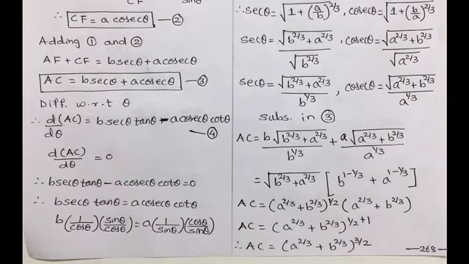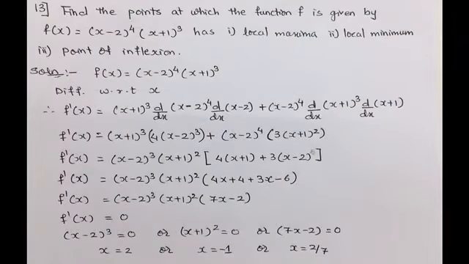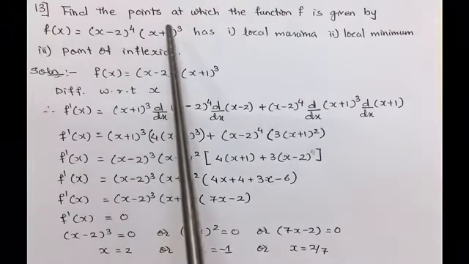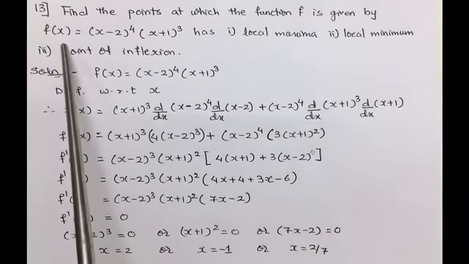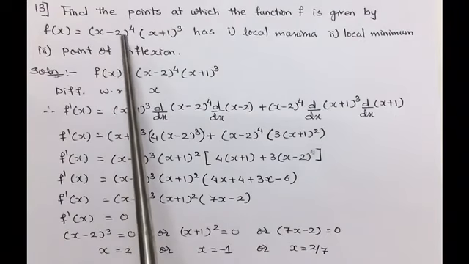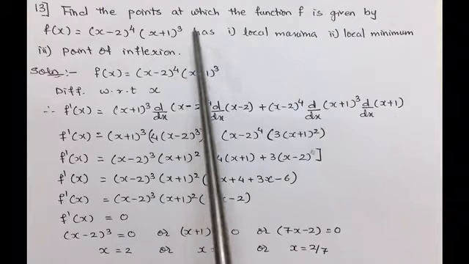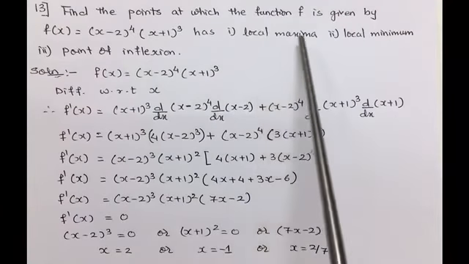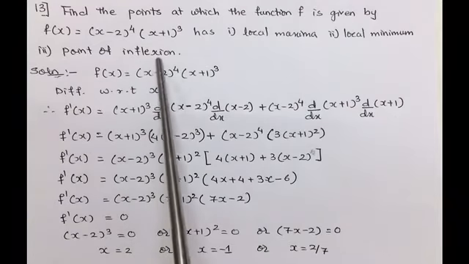Very carefully you have to differentiate and substitute the values and simplify. 13th one is, find the points at which the function f given by f of x is equal to x minus 2 raised to the power 4, x plus 1 cube has local maxima, local minimum and point of inflection.